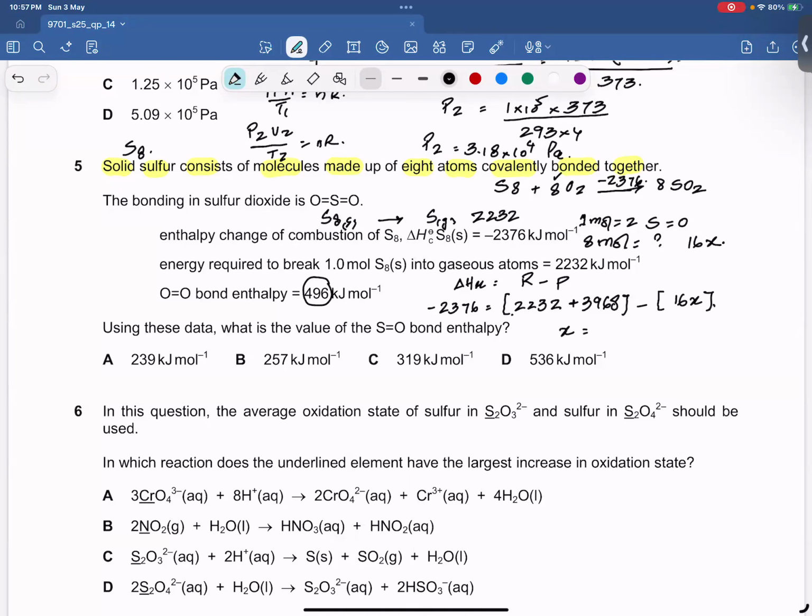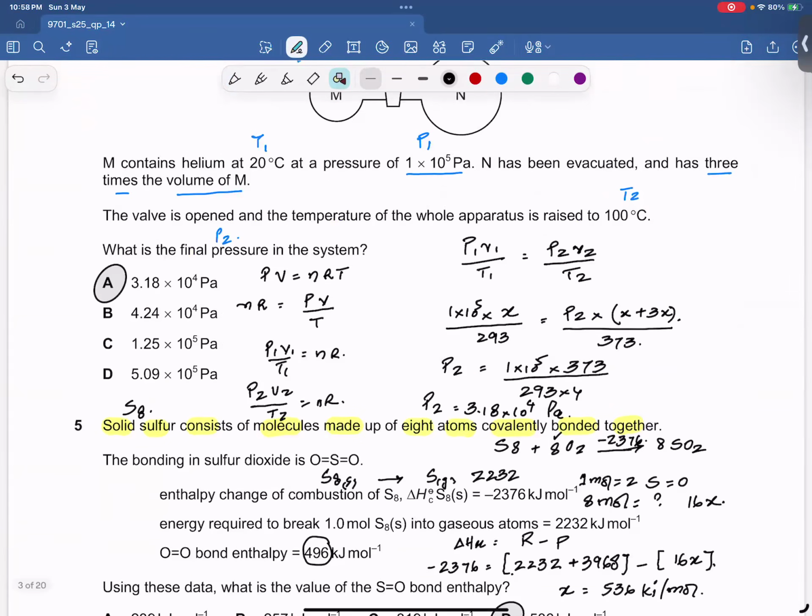So the value of x from here is going to be, let me calculate, 536 kilojoules per mole, and therefore D is going to be the right answer. I hope it makes sense to you. By the way, these two questions came in June 2013 and November 2013. So we have done these two questions in the topical past paper solution also.